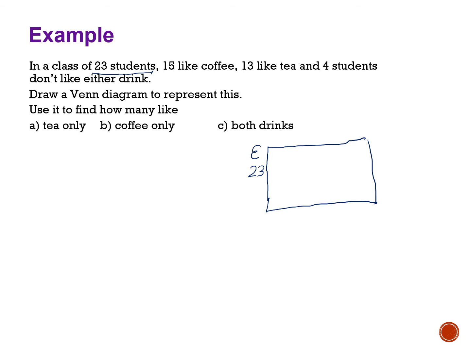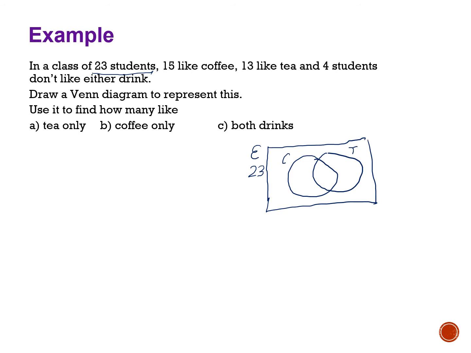Right, we need a circle for coffee. So I'm going to draw a circle and I'm going to write a C next to it to say that's for coffee. We need a circle for tea. Okay. And I've intersected them because there's probably going to be some that like both because it's mentioned in the question there, how many like both.